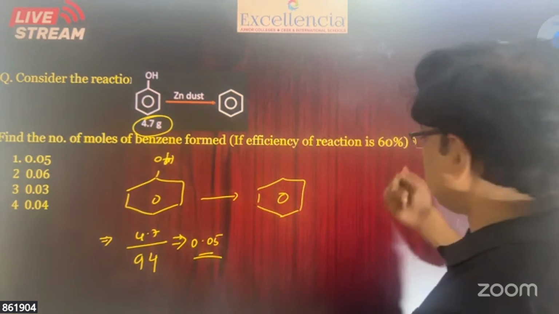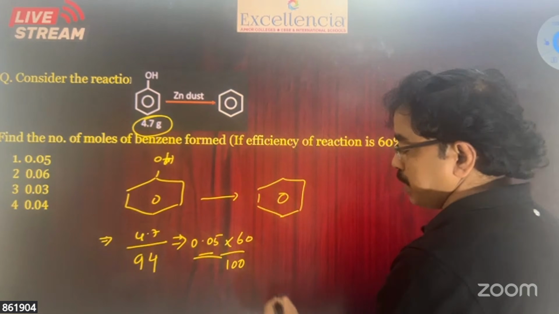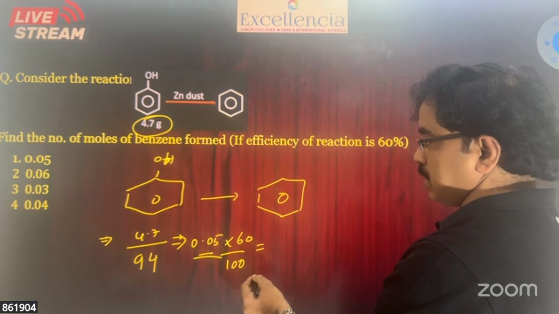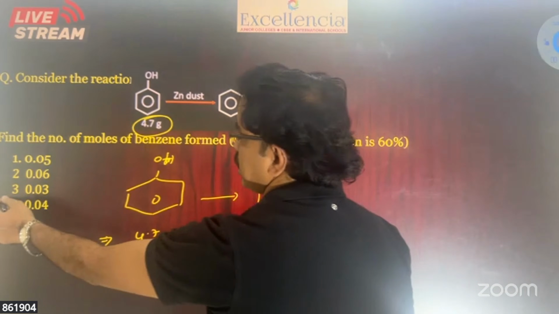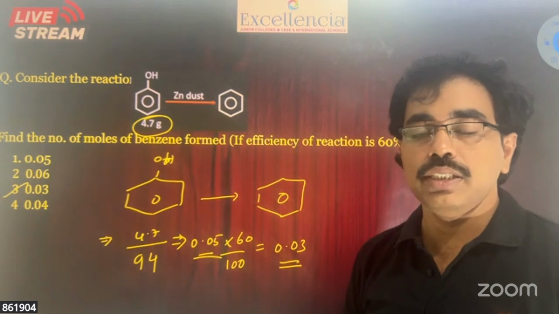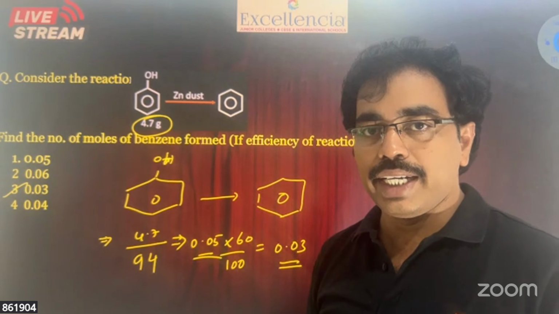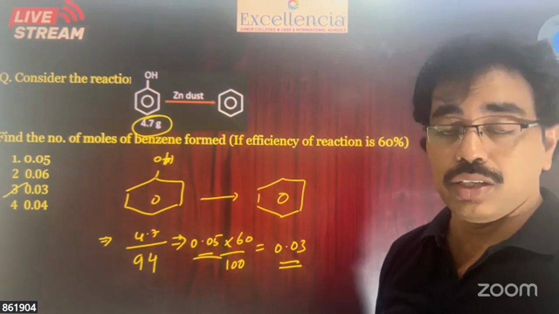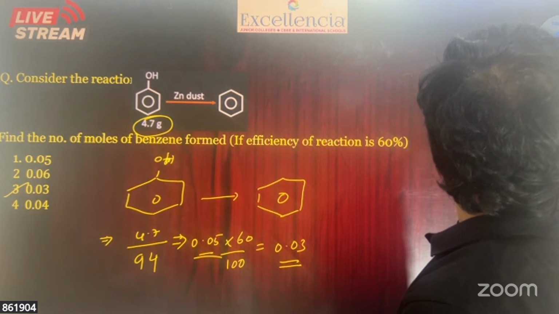But they are asking for 60%, so 60 by 100, which equals 0.03. So it is directly a stoichiometry mole concept based question. You also need to get the idea related to efficiency. And the next question.